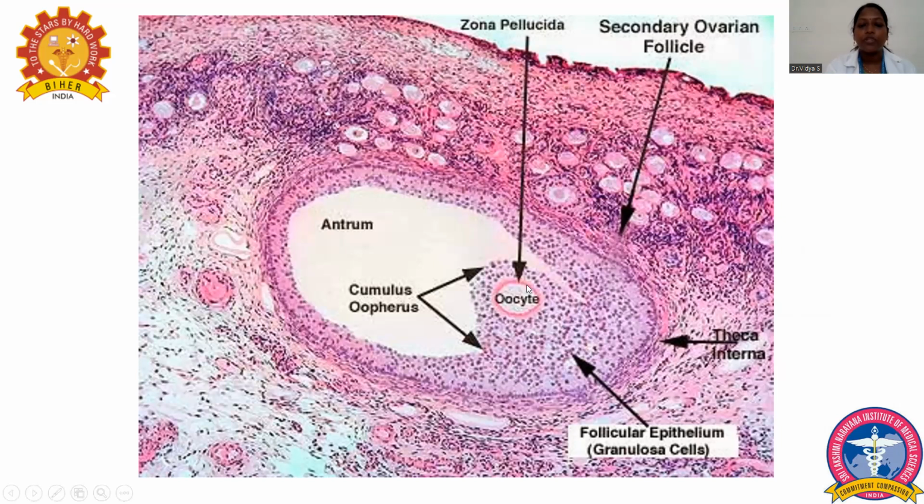This picture shows the oocyte, the zona pellucida layer, the granulosa cells, the cumulus oophorus, theca interna, and theca externa.